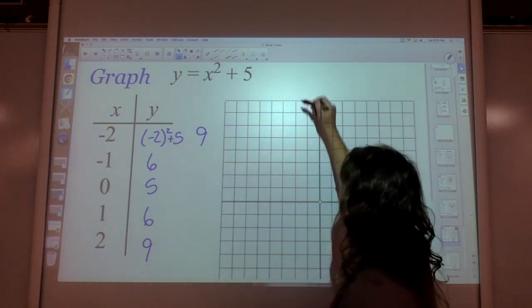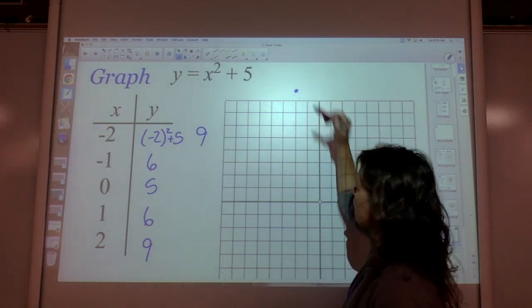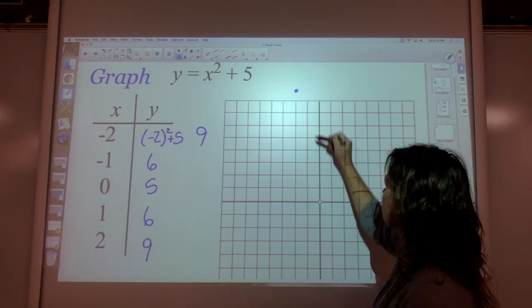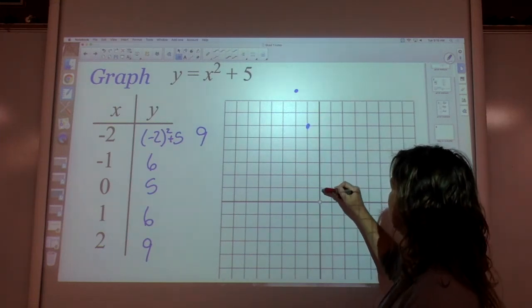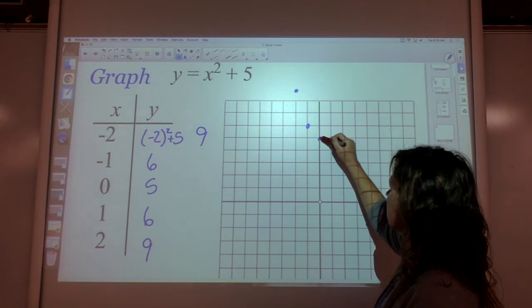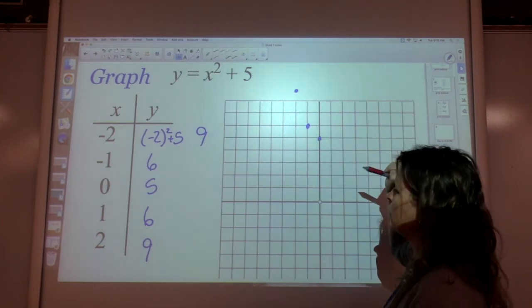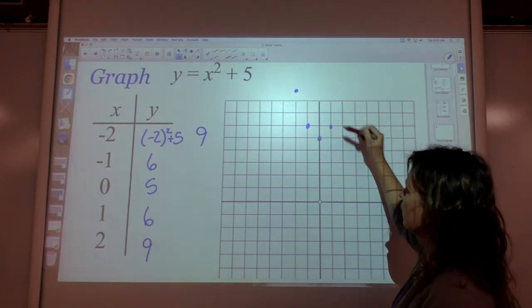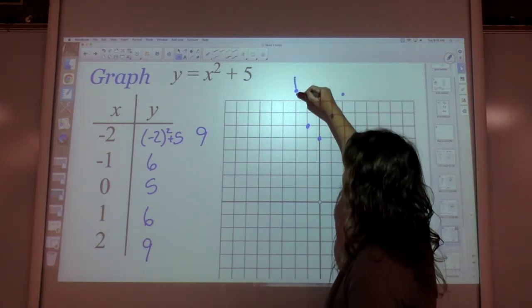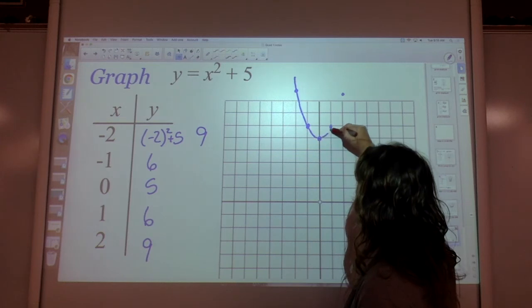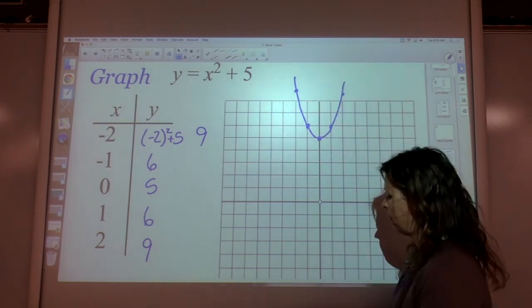Negative 2 up 9, that's only off the graph by 1, we could use that. Negative 1 up 6, 0 up 5, over 1 up 6, and over 2 up 9. So we have our graph, nice smooth parabola, do your best.